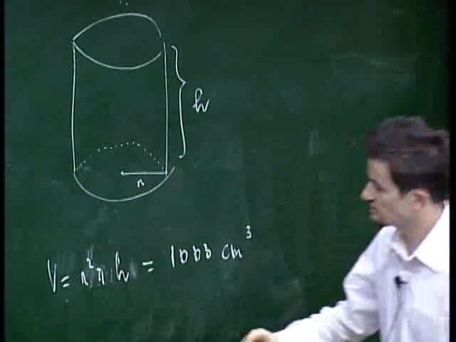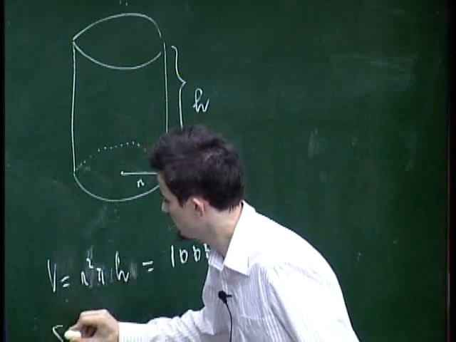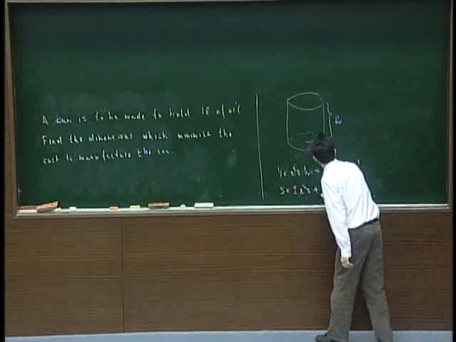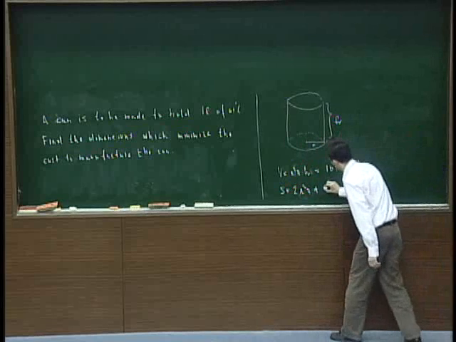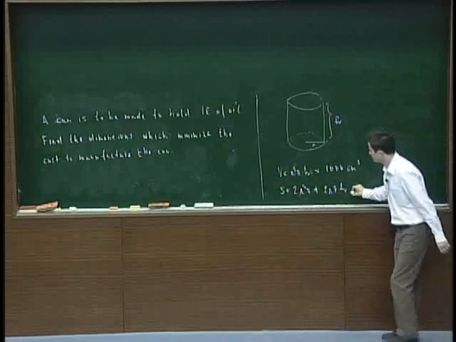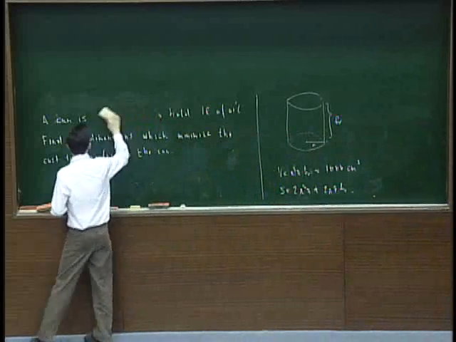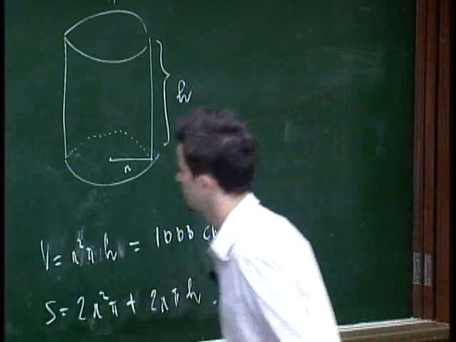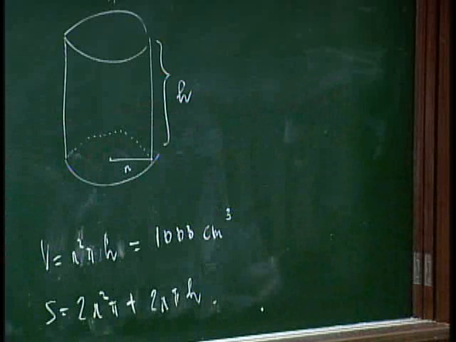Now our function which we want to optimize is the surface area. For the surface area we have twice, okay, so this is our function which we want to minimize in this case. We express h in terms of r, so h is equal to 1,000 over pi r squared.